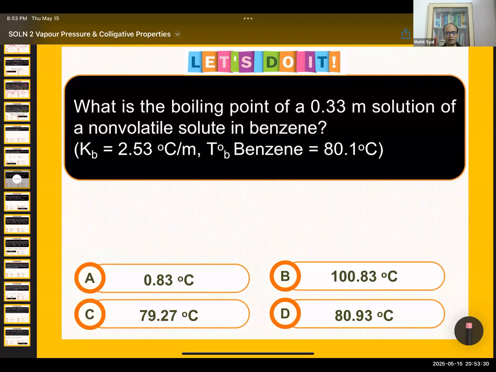But there is one trick. First you try to do your problem and then I will tell you the trick.